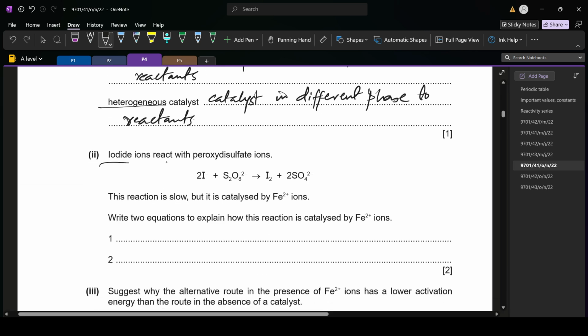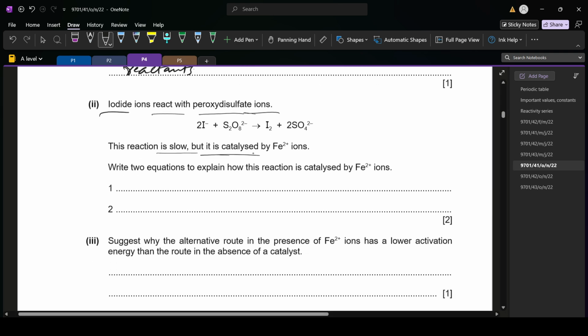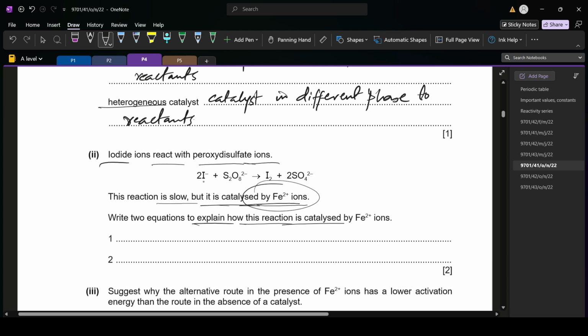Okay, now iodide ions react with peroxydisulfide ions. This reaction is slow, but it is catalyzed by Fe2+ ions. Write two equations to explain how this reaction is catalyzed by Fe2+ ions. So this Fe2+ ion reacts firstly with the peroxydisulfide ions, S2O8 2-.